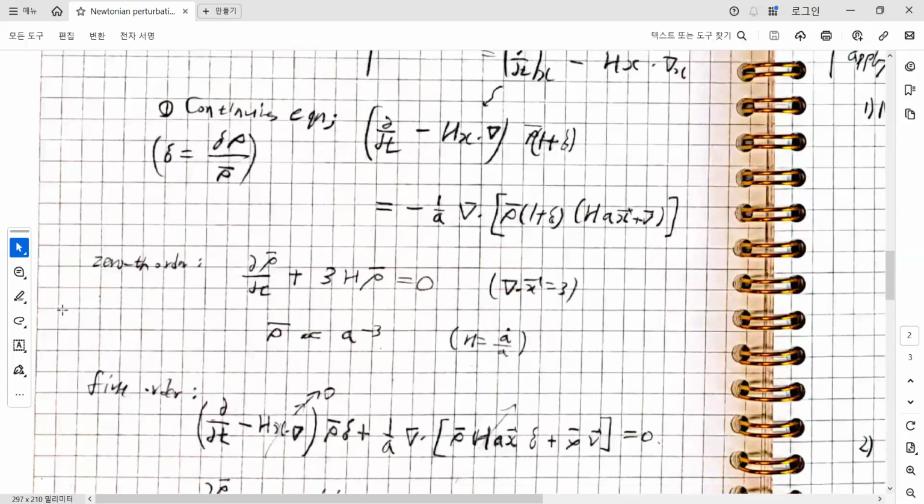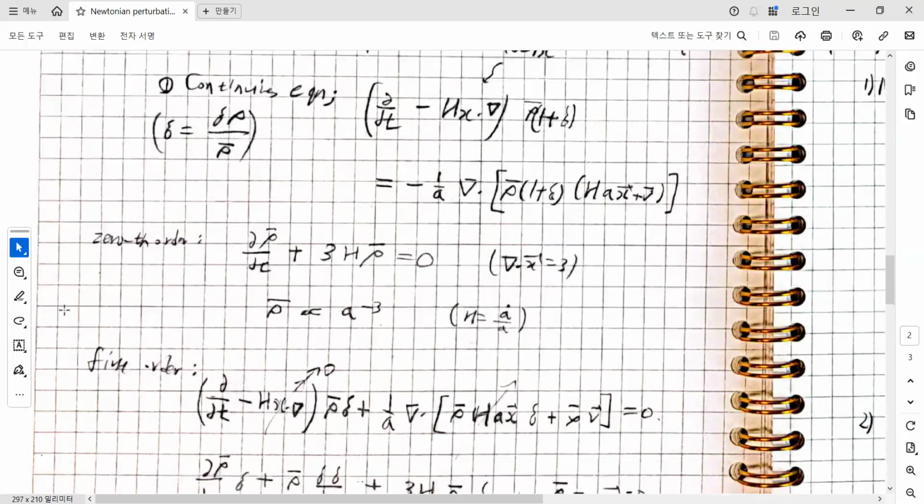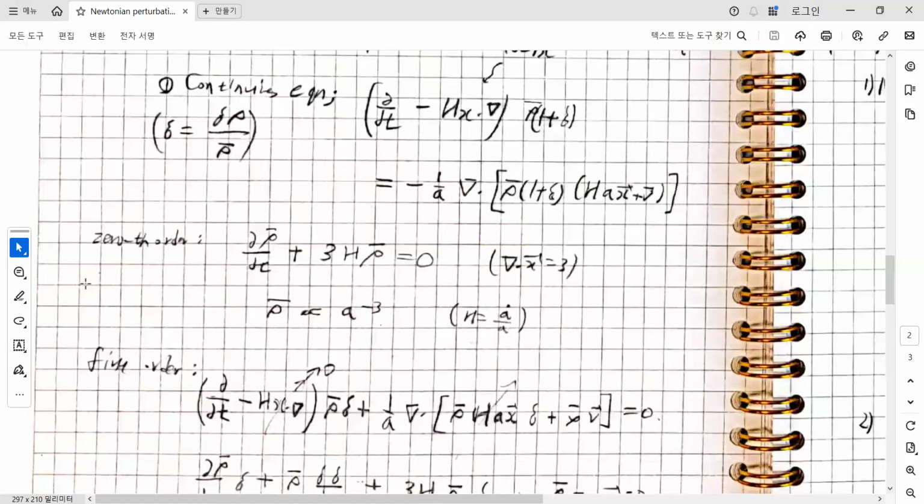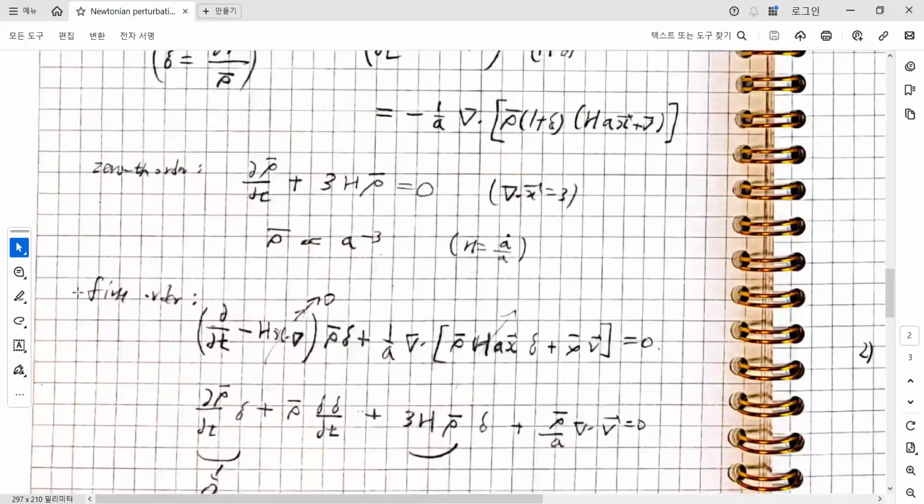If we consider the zeroth order, the homogeneous part rho bar, then it satisfies the continuity equation, and rho bar is proportional to a to the minus 3, which is the common result for the matter dominated universe. For the first order, we can obtain the equation of motion for the first order density perturbation.